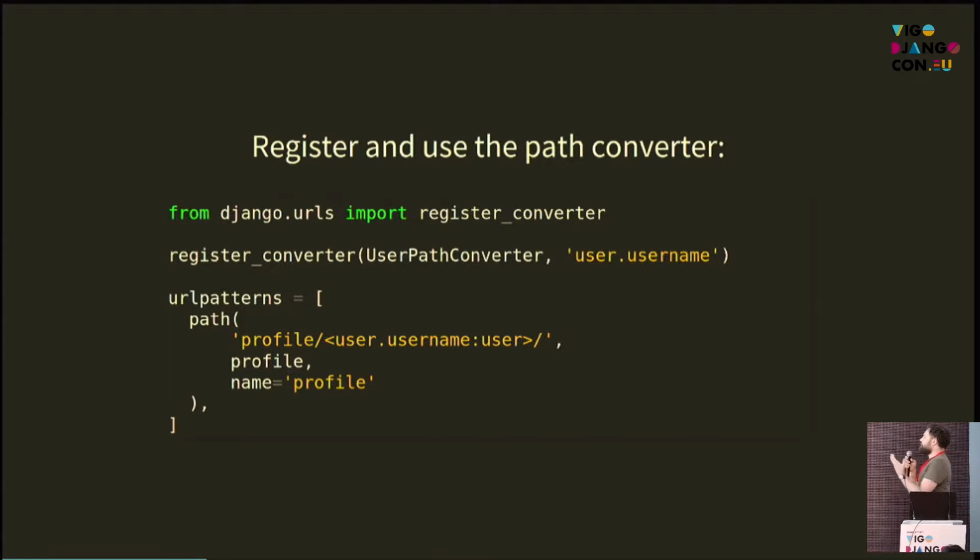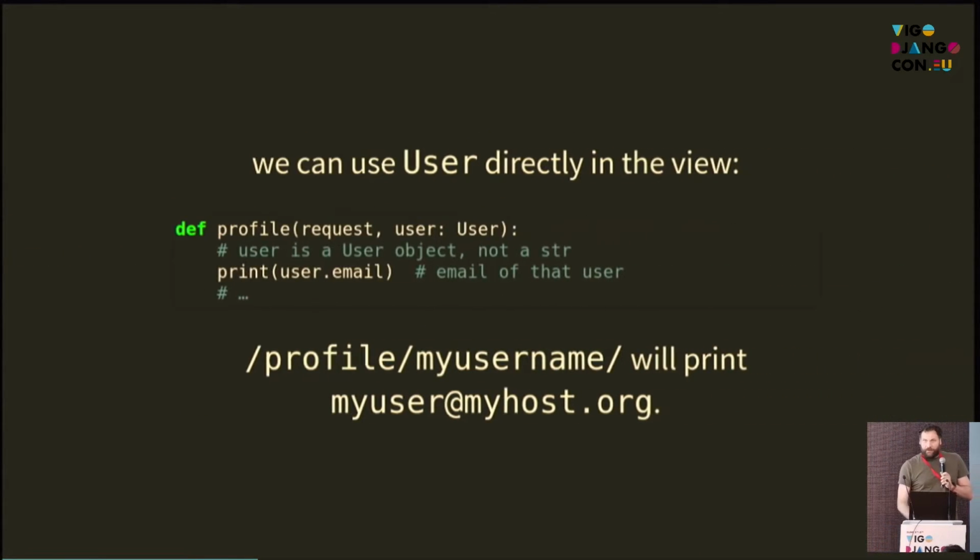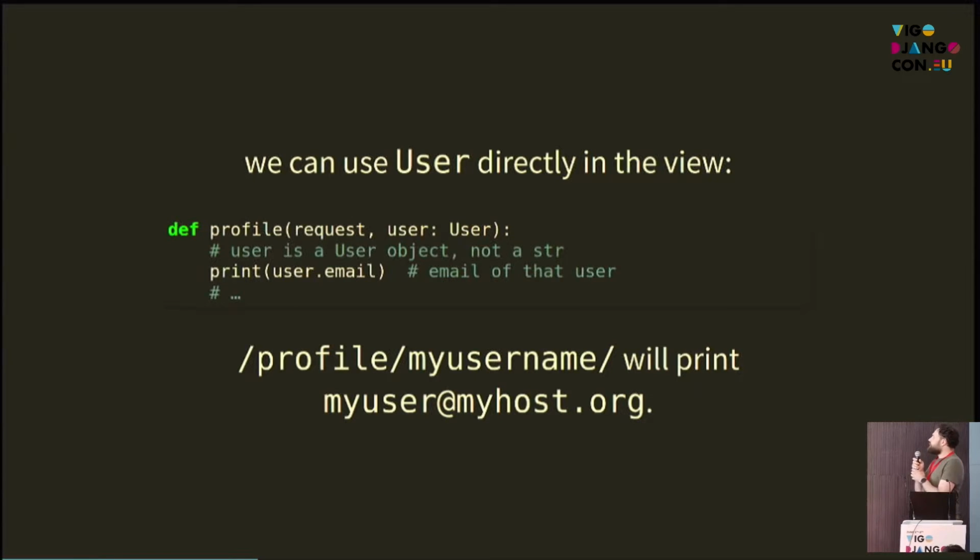If we do that, we can register that path converter with the name user.username, which makes it clear we are going to fetch a user by its username, and we will pass that user as the variable user to the profile. As a result, the view is simplified because it takes as input a user object, so it's no longer a string with the username, it's the user object itself.